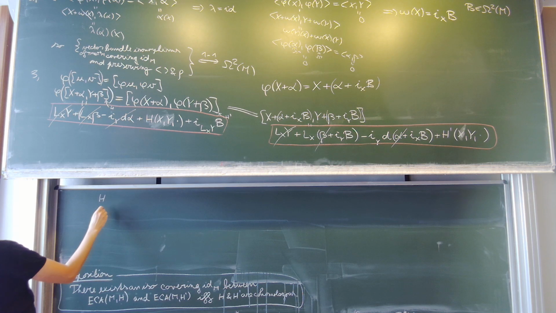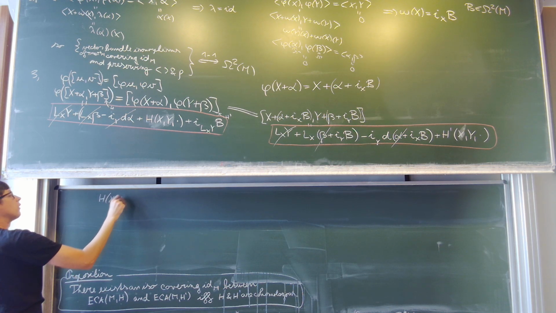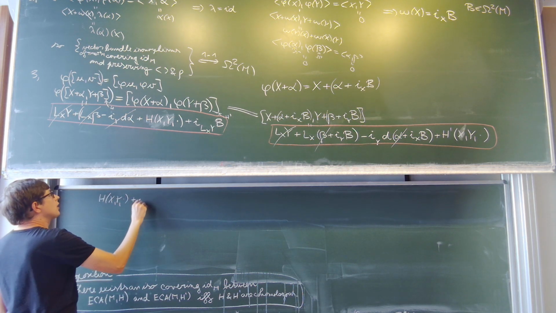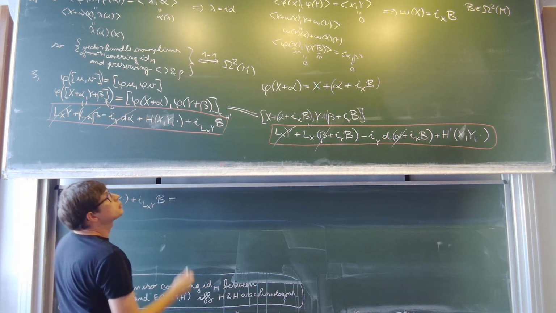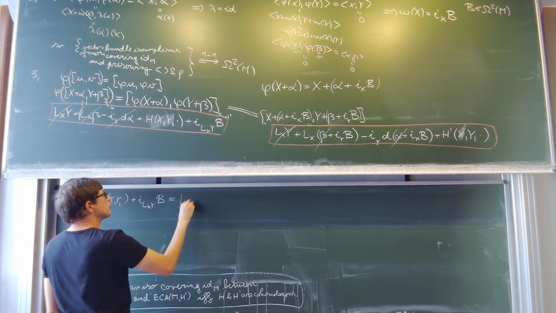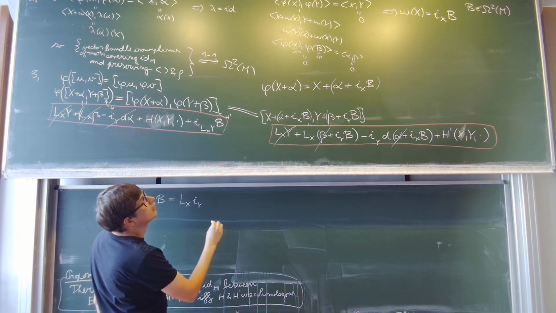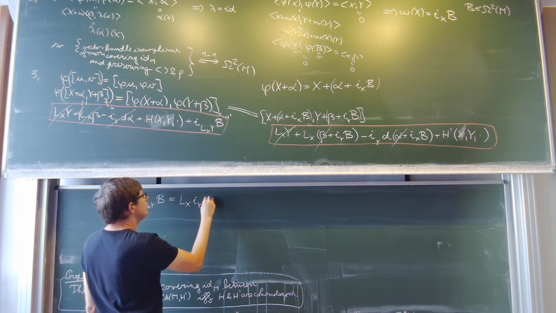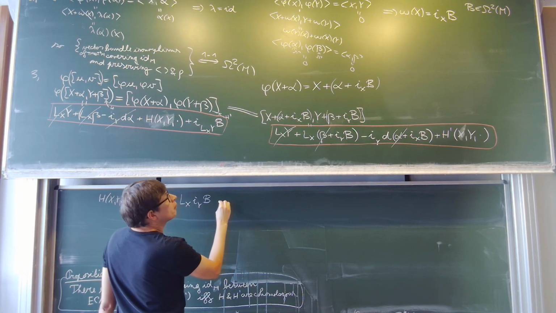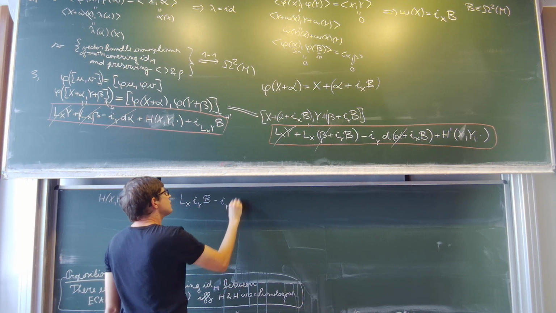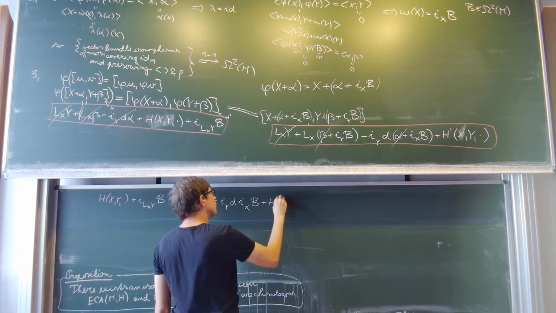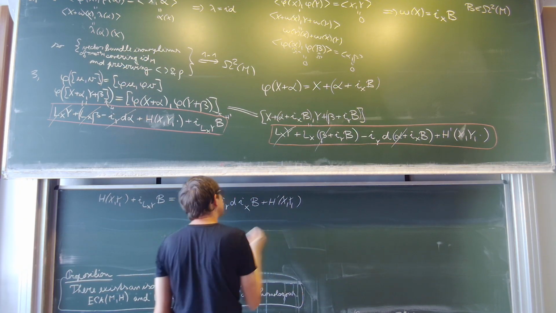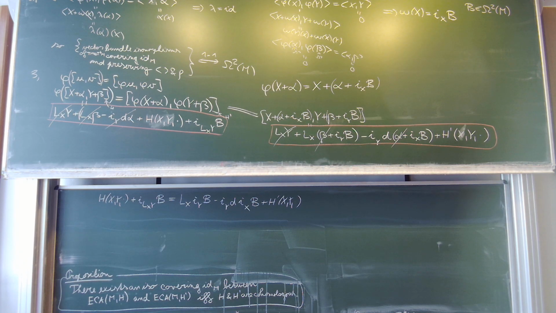So when I get this, the bracket of x, y plus i_x L_y b has to be equal to whatever is L_x i_y b minus i_y L_x b plus H prime of x, y. And this needs to hold for all x and y.